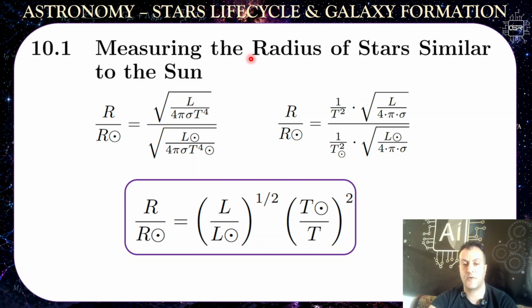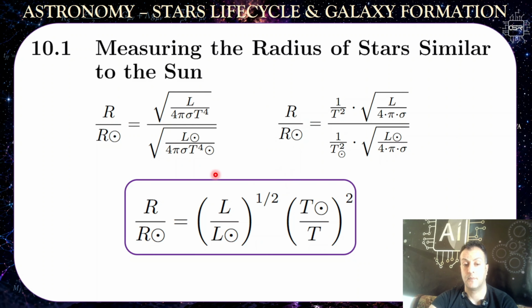Let's reduce this fraction so we can remove 1 over T to the power of 4 outside of the square root. So R divided by R of the Sun is equal to 1 over T squared times the square root of L divided by 4 pi sigma, over 1 divided by T squared of the Sun times the square root of L of the Sun divided by 4 pi sigma.